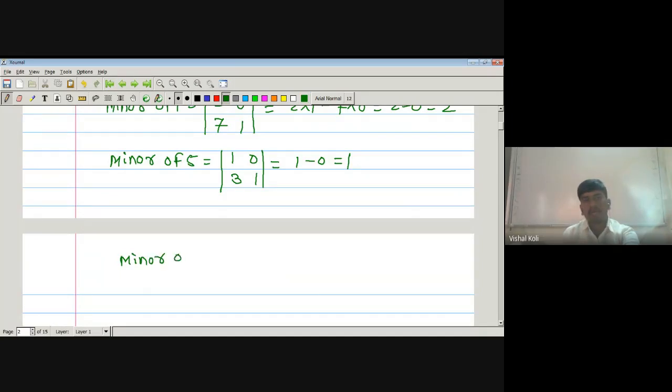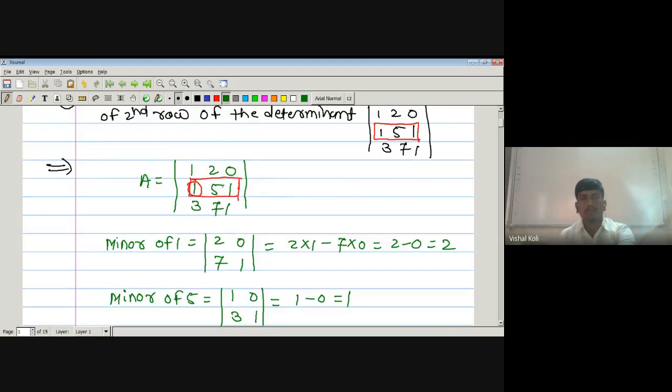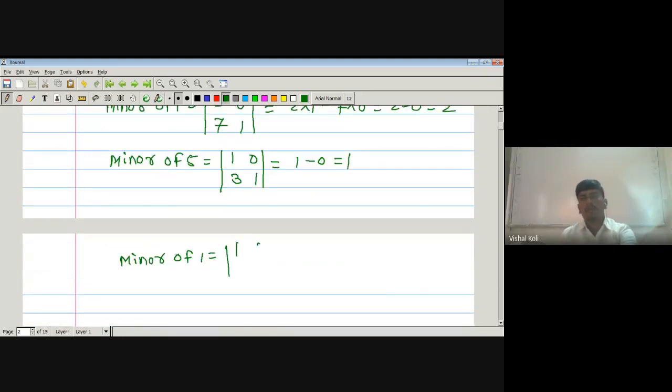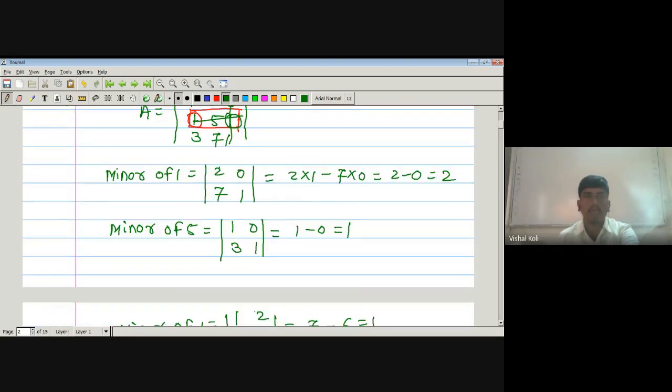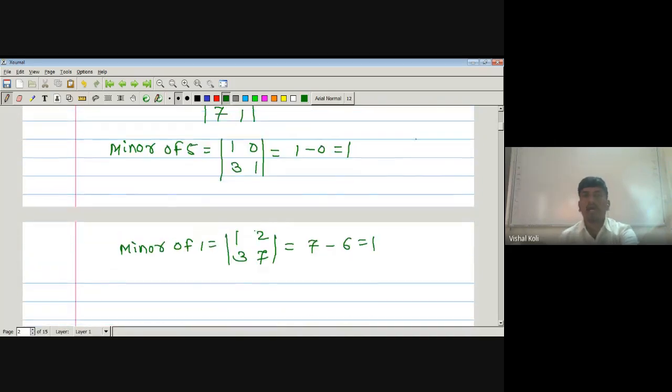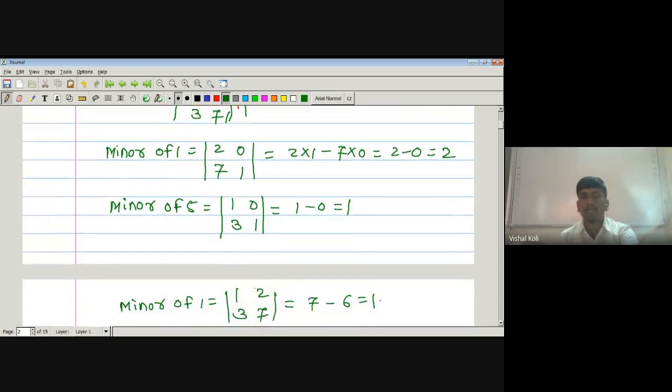For this element, we have to suppress this row and this column. 1, 2, 3, 7, which is equal to 1 into 7 minus 2 into 3, 6. 7 minus 6 will be equal to 1. Therefore, the minors of the elements 1, 5 and 1 are 2, 1 and 1 respectively.